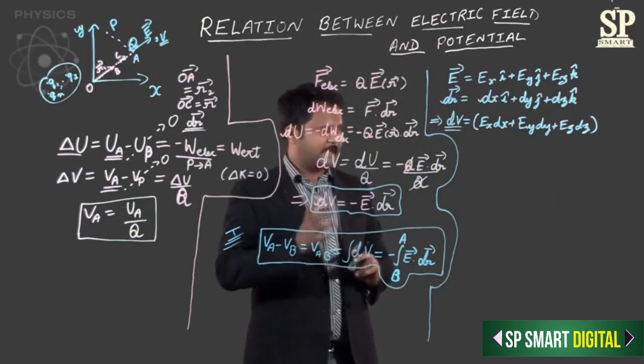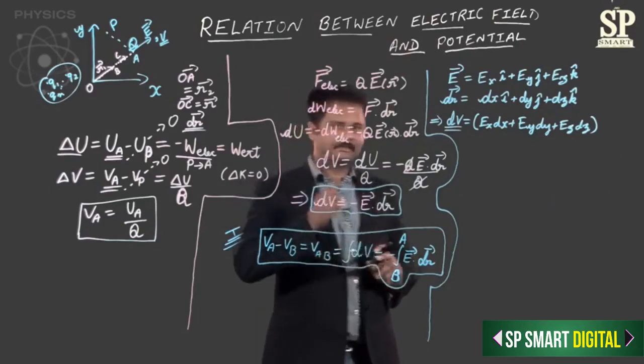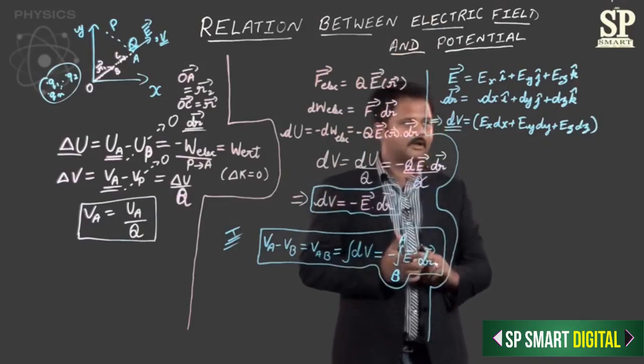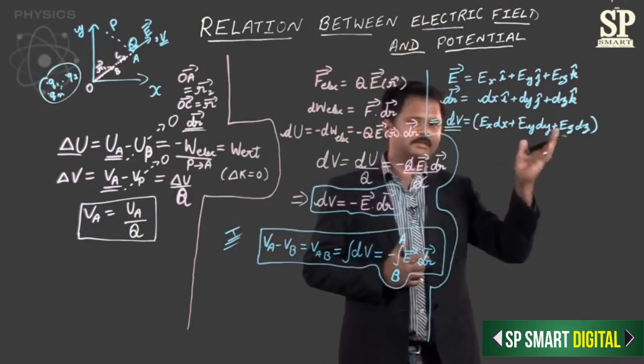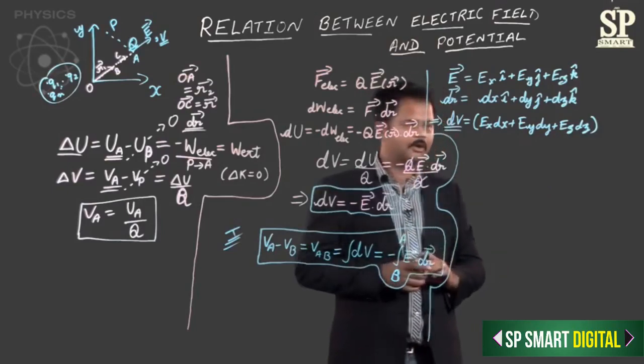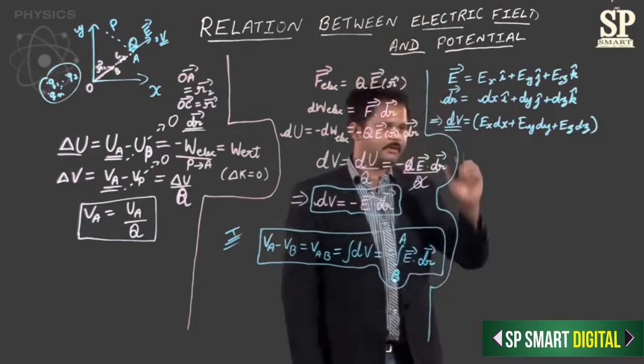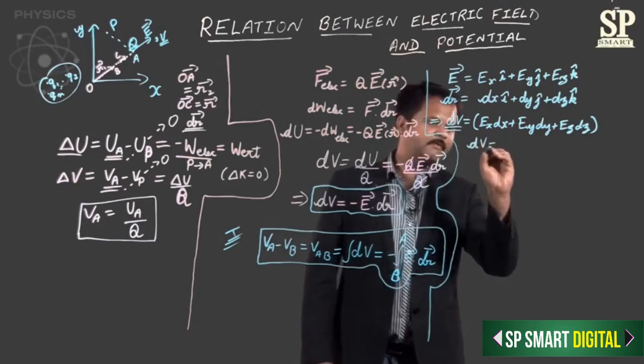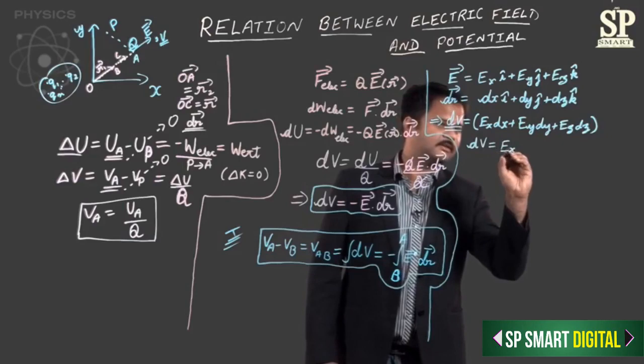So the thing that I'm getting at is, right now let's assume that there is displacement only in the x direction and displacements in the y and z directions are 0. In that particular assumption, this formula becomes dv equals Ex dx.